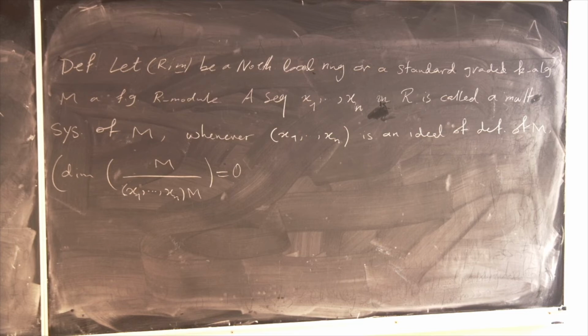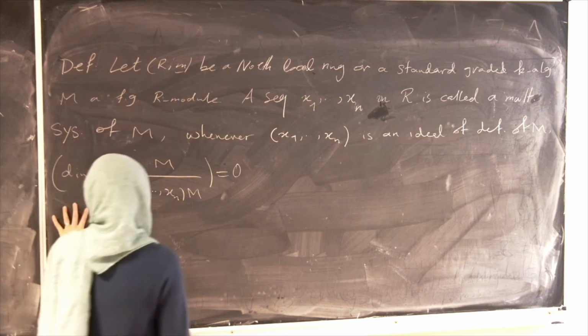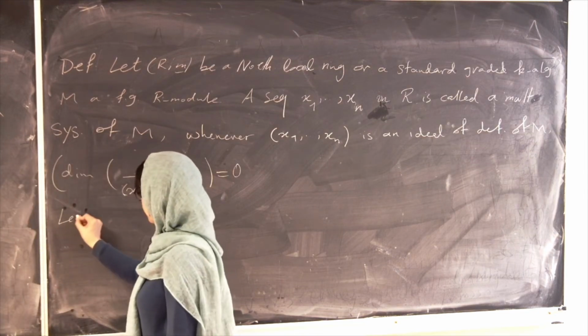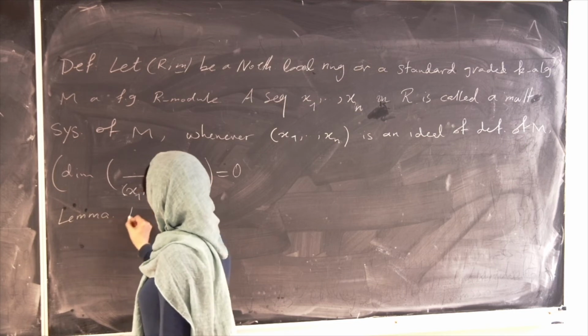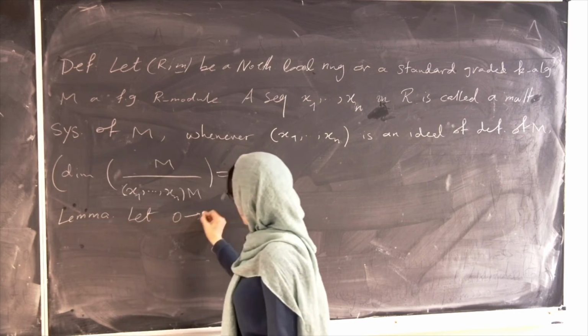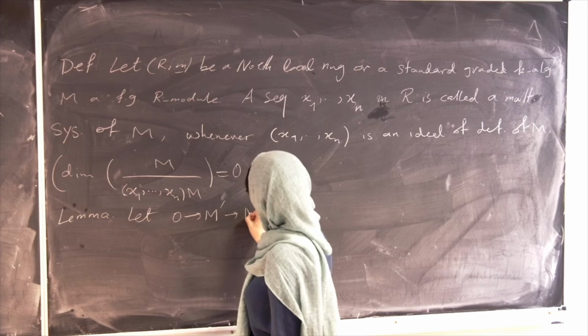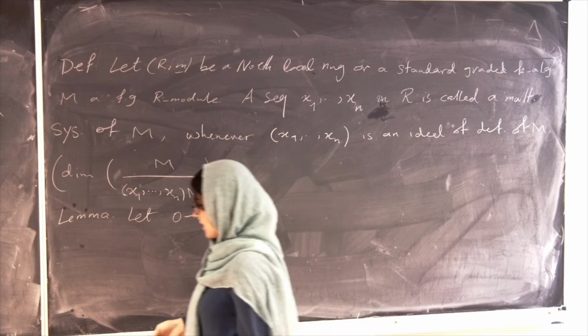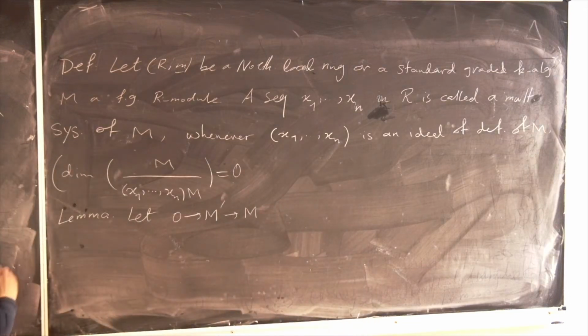First of all, let's see how a multiplicity system acts on short exact sequences. I can give this as an exercise. This is really not hard to prove.